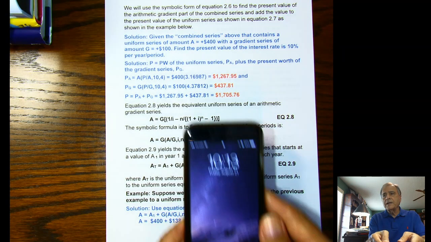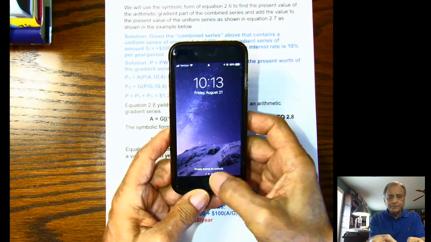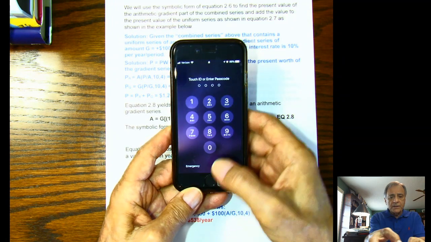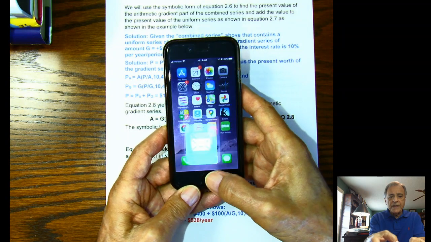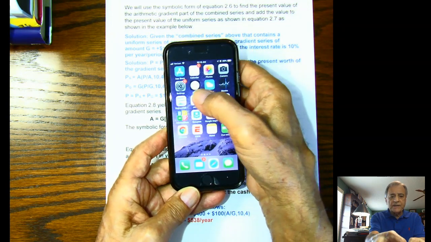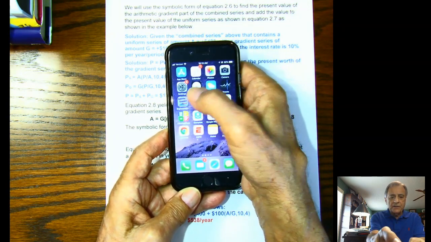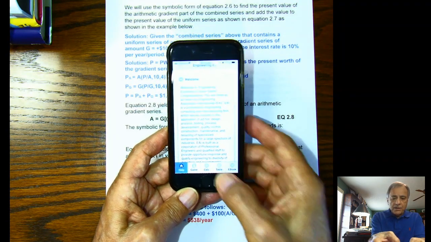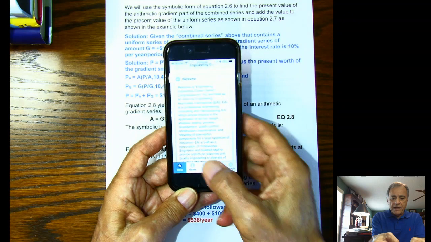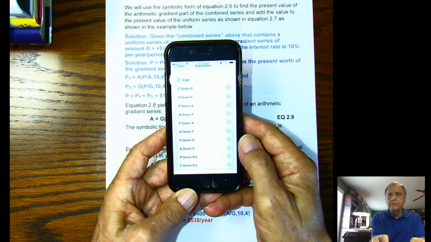So I'm going to take my cell phone and go to the Engineering Economics Career app, which I've downloaded and installed on my cell phone. Then I'm going to go to this middle button at the bottom that says Calculate.